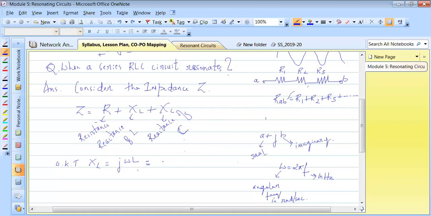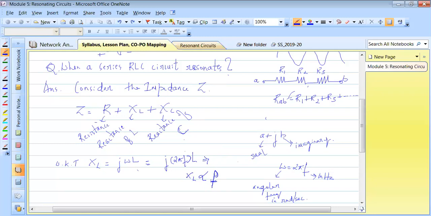So how can I write my j omega L? I can write j omega L as j 2 pi f into L. What does this imply? This implies that our XL is directly proportional to the frequency. Everybody understand this?